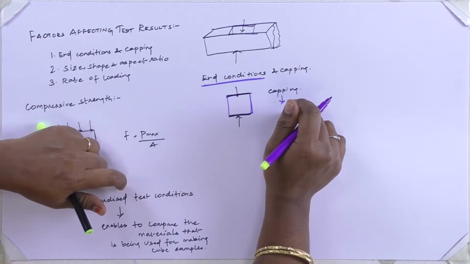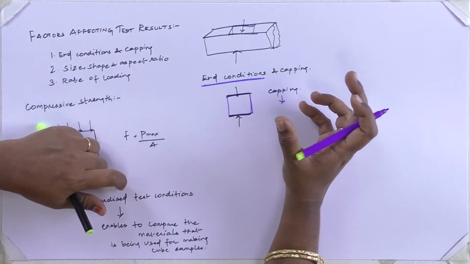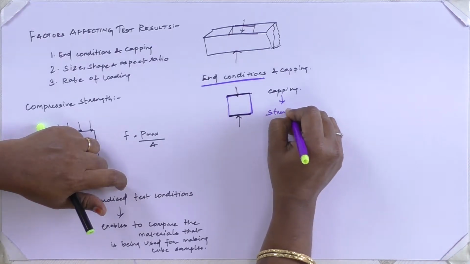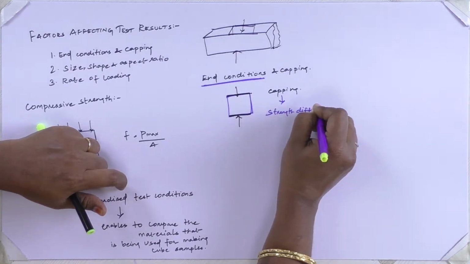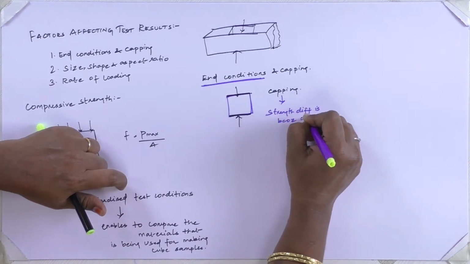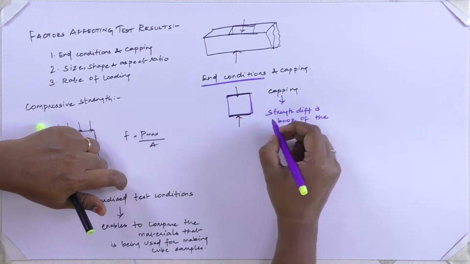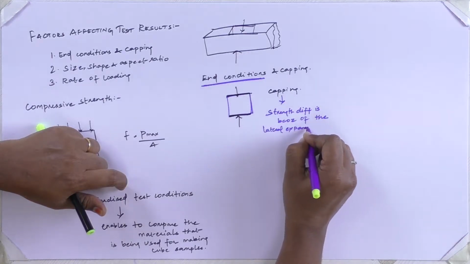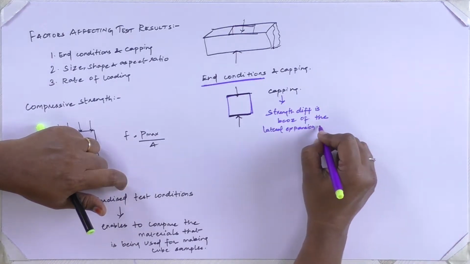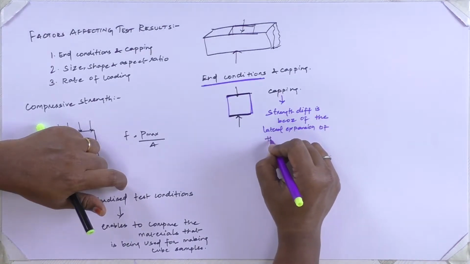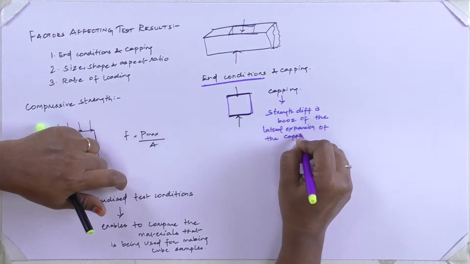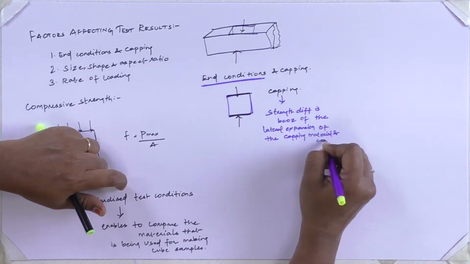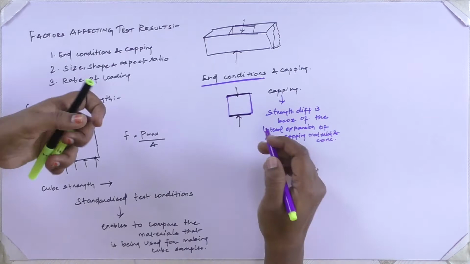How that strength difference comes is because of the lateral expansion of the capping material and concrete.